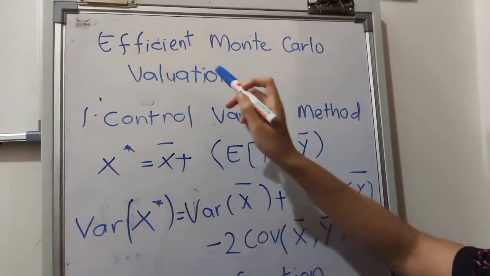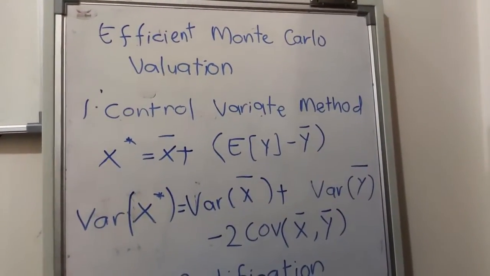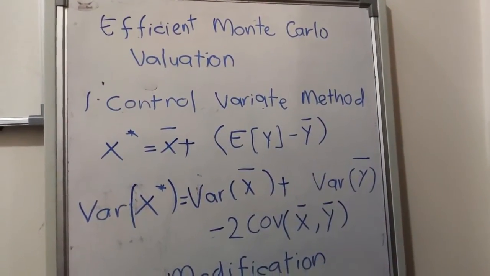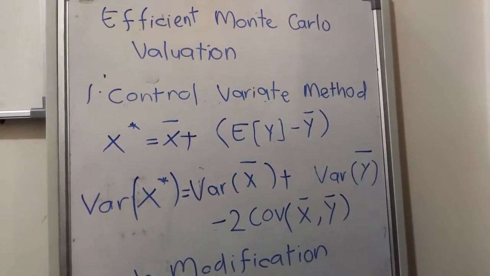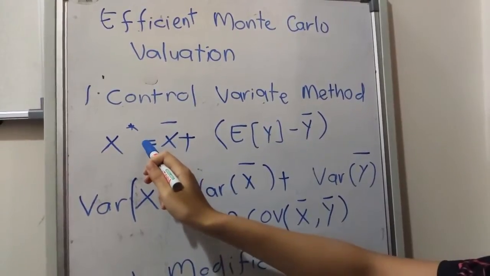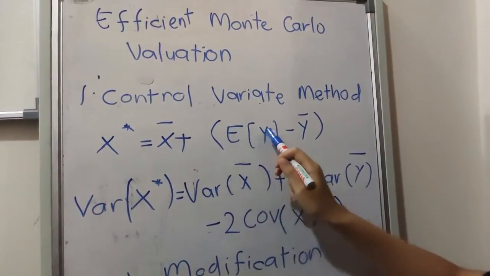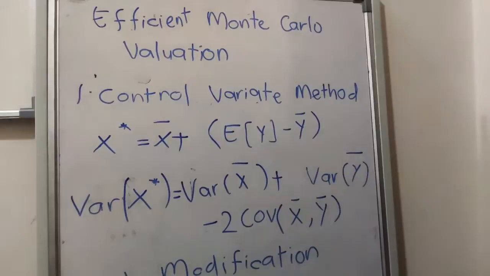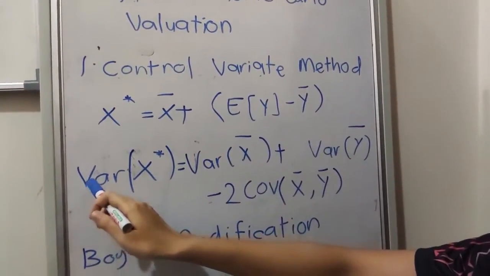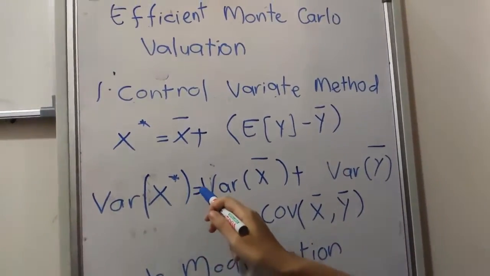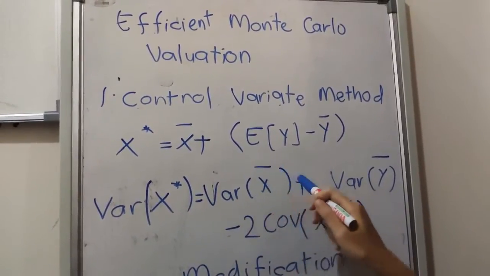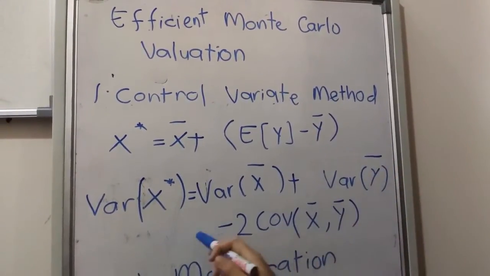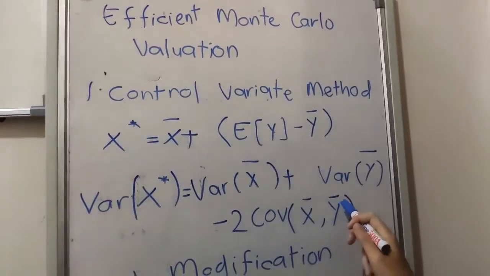Next, we are going to move on to efficient Monte Carlo valuation. In efficient Monte Carlo valuation, we have the control variate method, where we need to find X star equals X bar plus expected Y minus Y bar, and we also need to calculate the variance of X star, which equals variance X bar plus variance Y bar minus 2 covariance X bar Y bar.